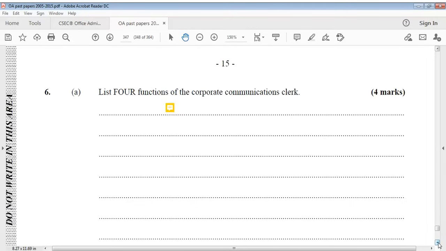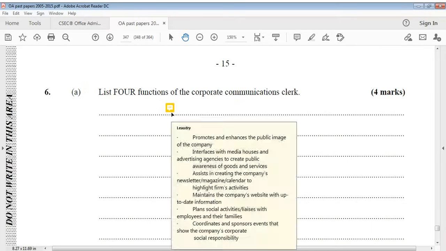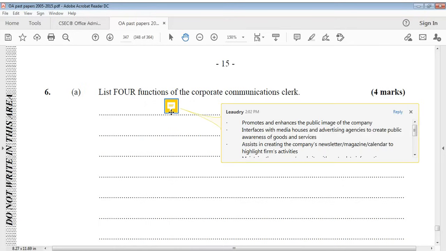Let's move on to question number 6A. List 4 functions of the corporate communications clerk. 4 functions. What are some? 1. Promotes and enhances the public image of the company. 2. Interfaces with media houses and advertising agencies to create public awareness of goods and services. 3.